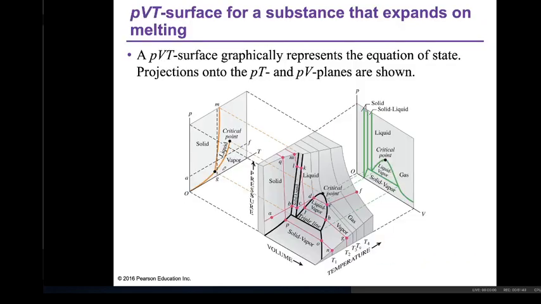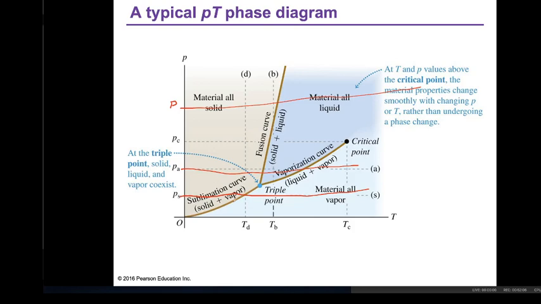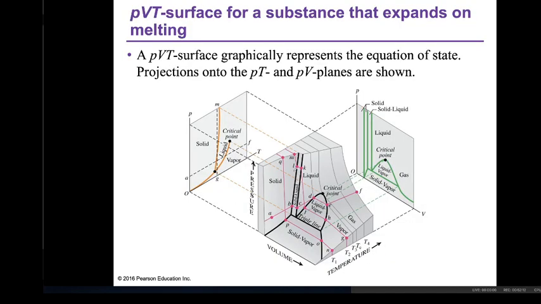Okay, so this is a PVT surface, a more complicated case, if you have three variables. Here we have PT, and if you have one more dimension, which is V, then you have these 3D curves. It's a little bit more complicated.